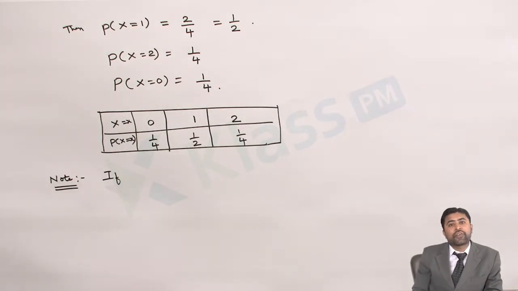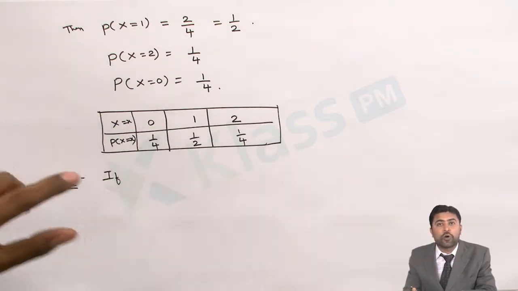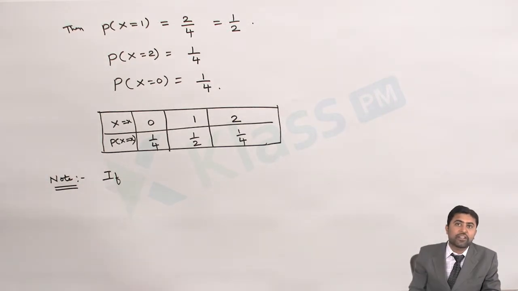Random variables are denoted with capital letters and their corresponding values are denoted with small letters. That's the reason I wrote here capital X is equal to small x. Small x will represent the value and capital X represents the random variable.